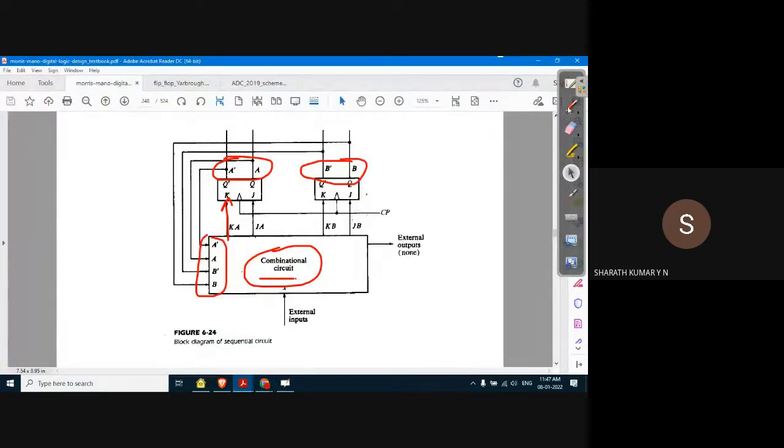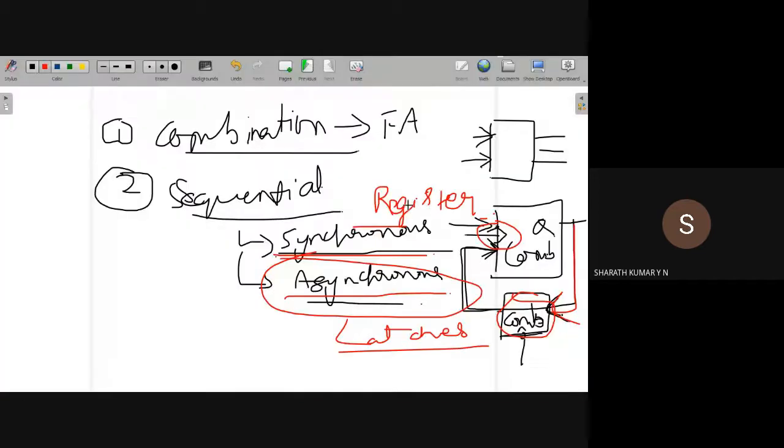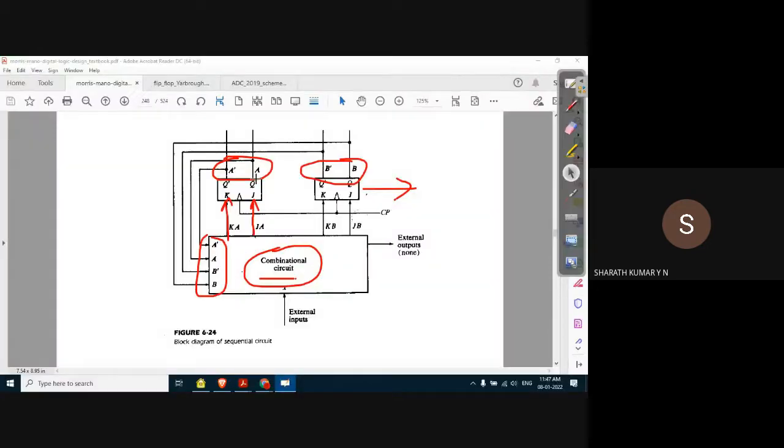So the output of the combinational circuit is given as input to another combinational circuit, or it can be a sequential circuit. In our case, this network in this example is a sequential circuit. This can be sequential, or it can be a combinational circuit. So observe this feedback network. This combinational circuit has an external input.